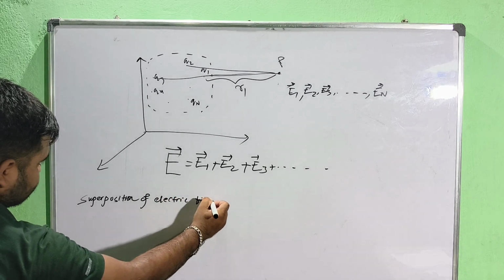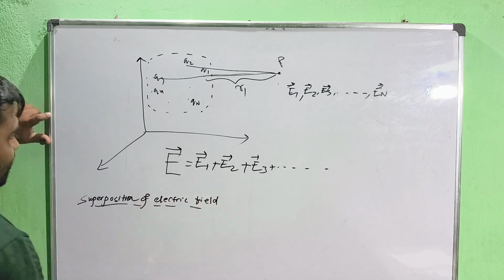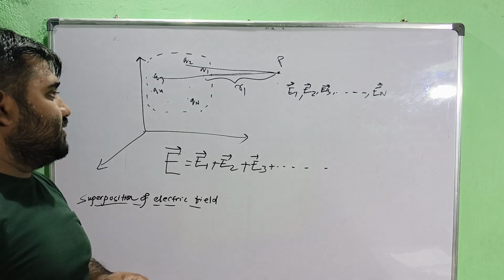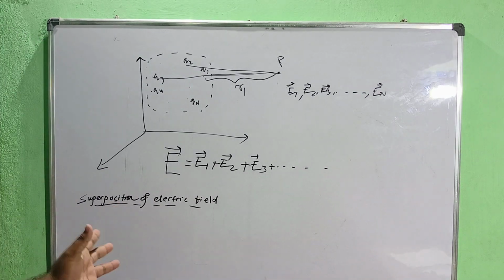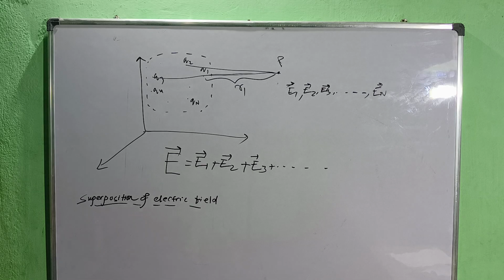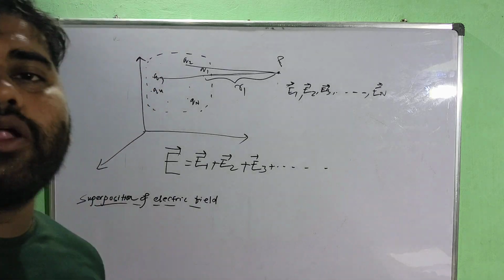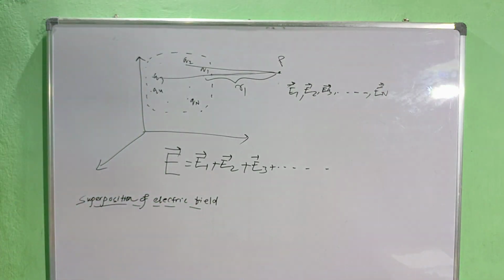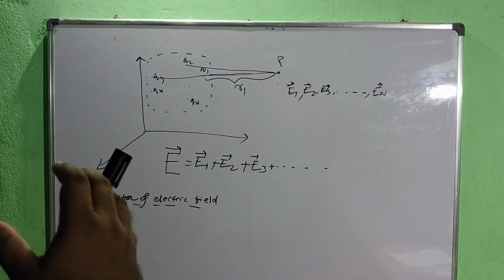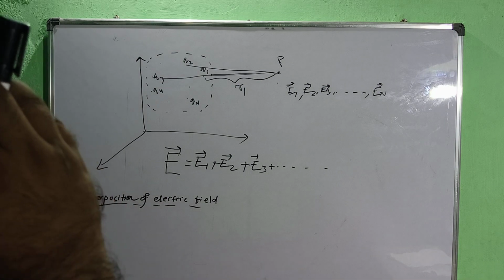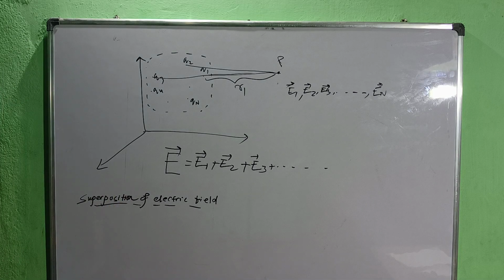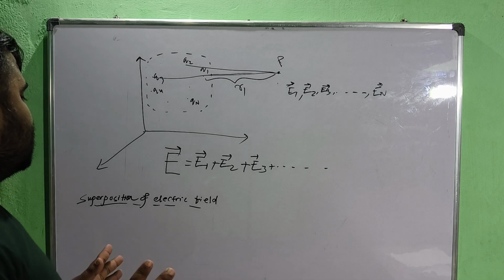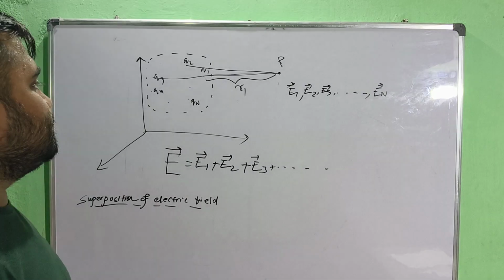It tells you that to find the resultant electric field at a point P due to a large number of point charges, you can say large number of point charges, or you can say a given number of point charges, you will find the electric field due to each individual point charge at point P and then add them in vector addition method, and this is what it is, superposition of electric field.